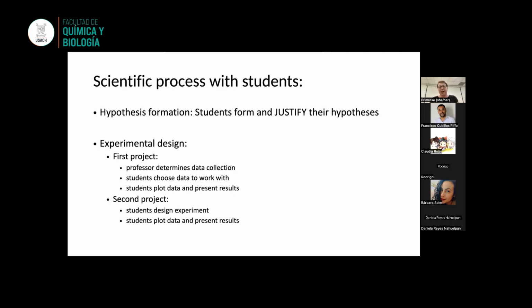For the first project, the professor decides what data will be collected, but students then choose among those data which data can help them test their hypothesis, and they plot those data. With the second project, the students design the entire experiment, and they have to have their hypothesis in mind. And again, they're thinking about the concepts they're learning in the class and how to apply those concepts to their project.